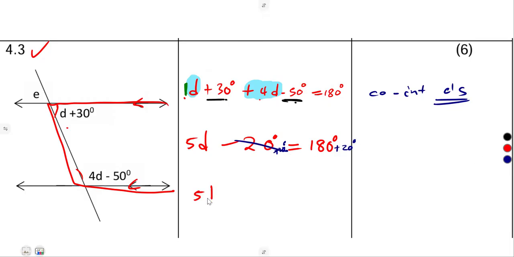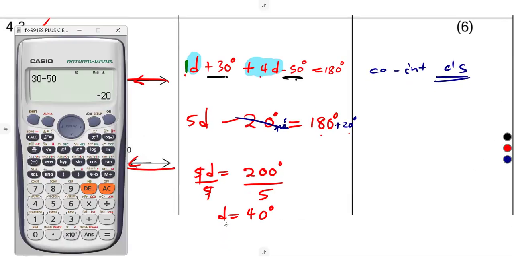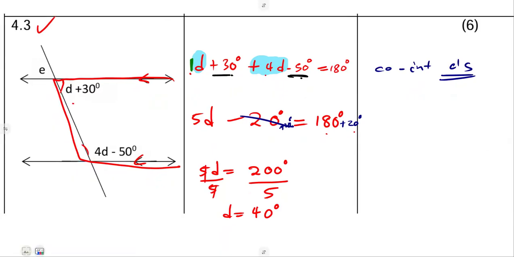So 5D is equal to 180 plus 20, which is 200. To find D, simply divide by 5. 200 divided by 5 is 40 degrees. So we have got D.